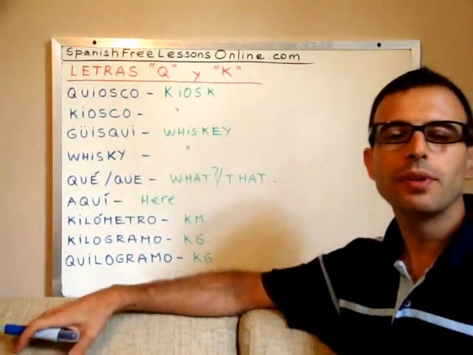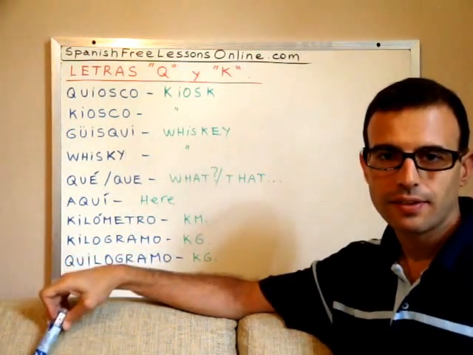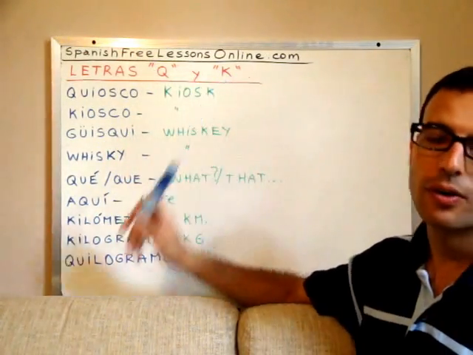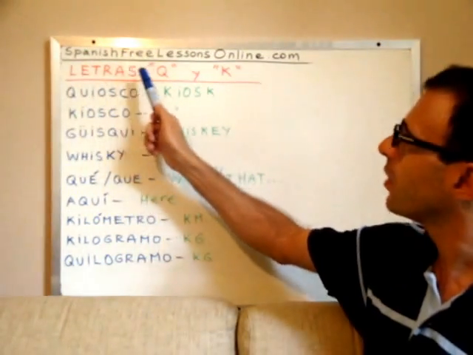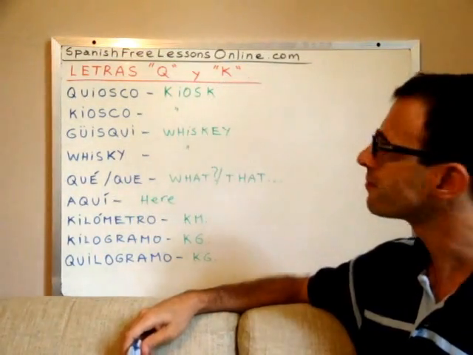So in today's lesson we will continue doing some phonetics, and this time we will see the letters Q and K, or letras Q y K. Okay?